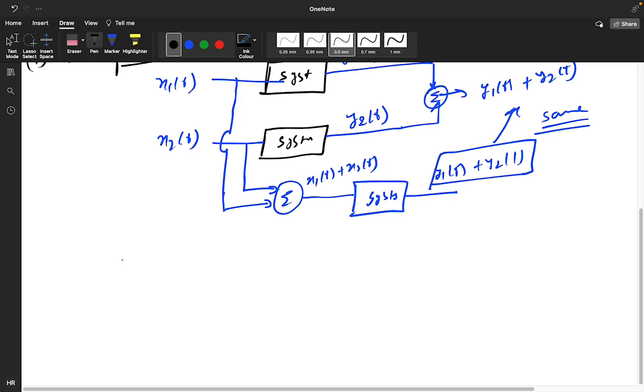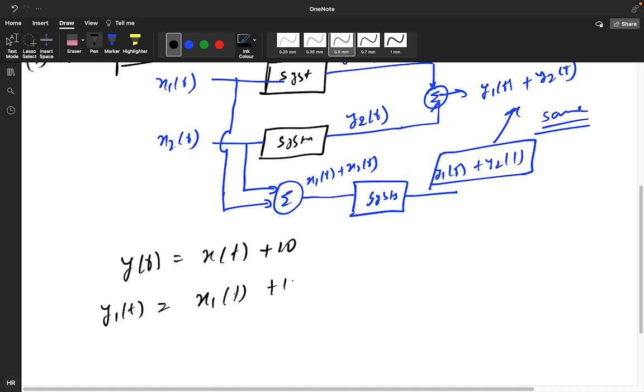For example, you have y of t is equal to x of t plus 10. Suppose you are giving input x1 of t, so y1 of t will be x1 of t plus 10. Now suppose you are giving x2 of t as input, so you will get x2 of t plus 10.